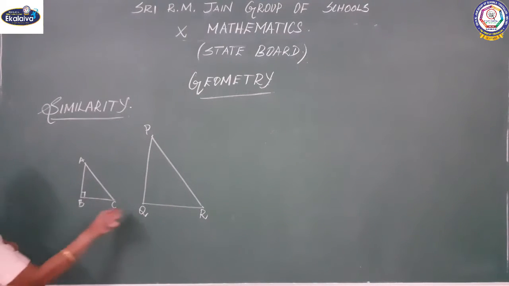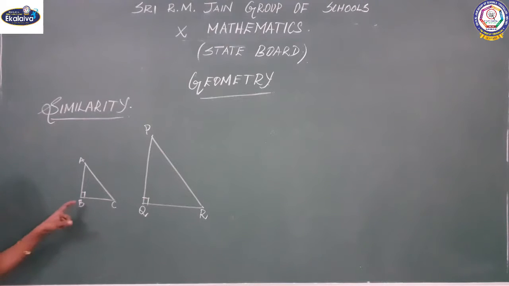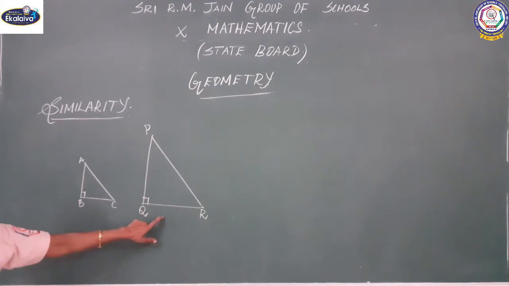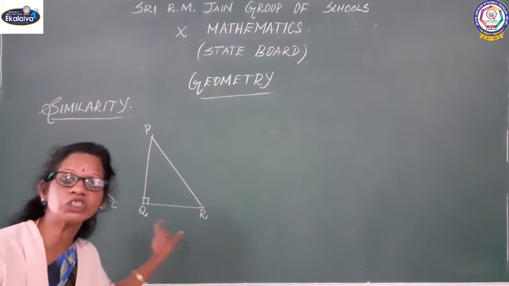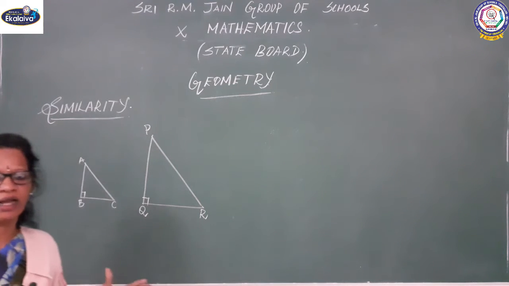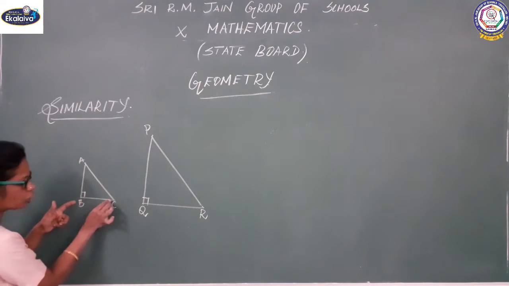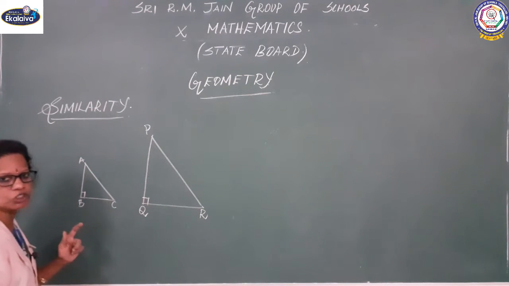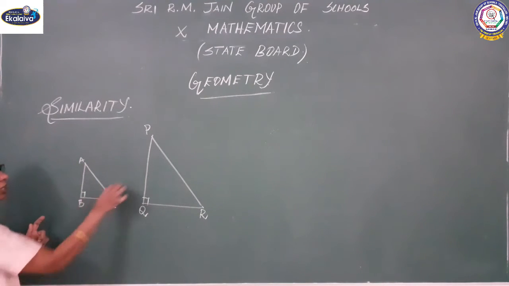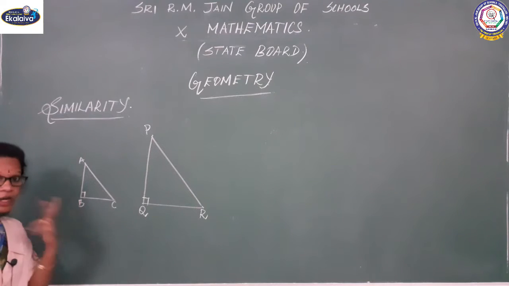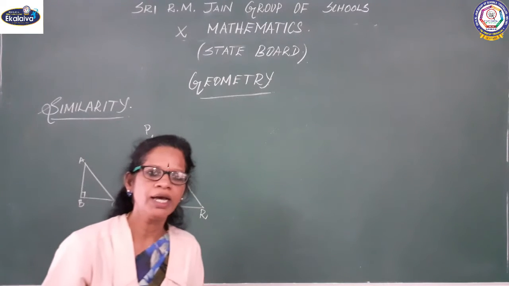Same shape means both the things are the same right triangle but different size. See, this measurement is not equal to this measurement. The AB measurement is not equal to PQ. You can visualize the picture, children, right?